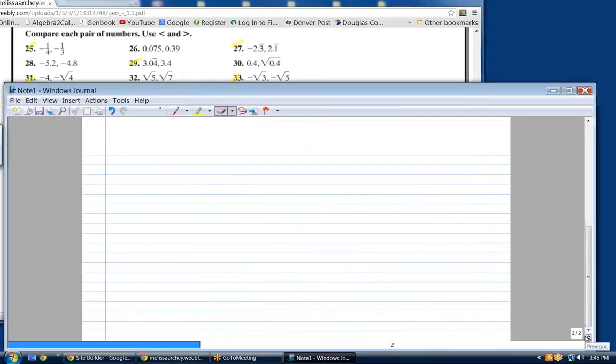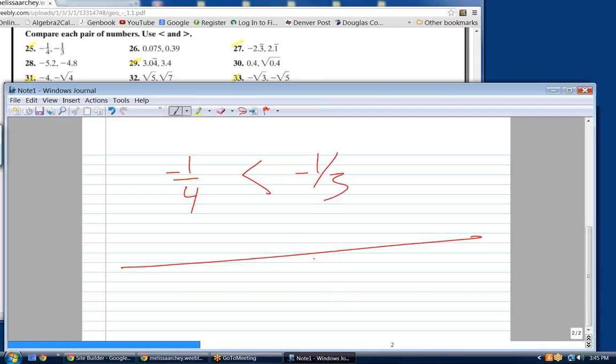Alright. -1/4. Okay, they're both negative. -1/4 is greater than -1/3. See what I'm doing here?